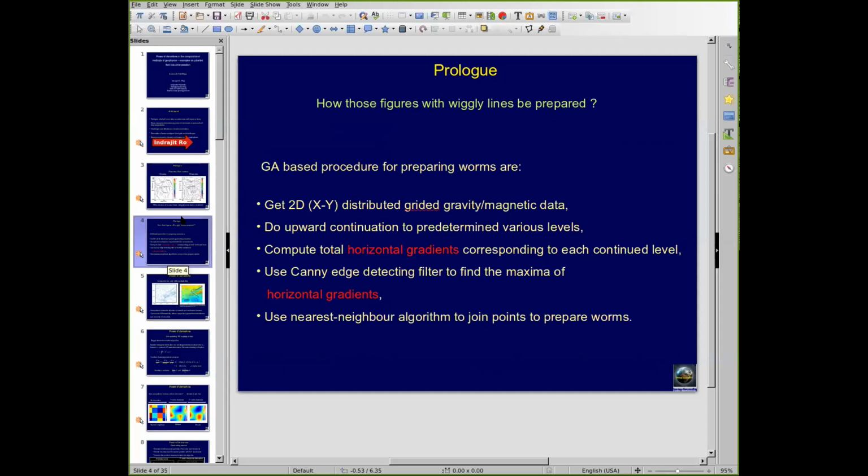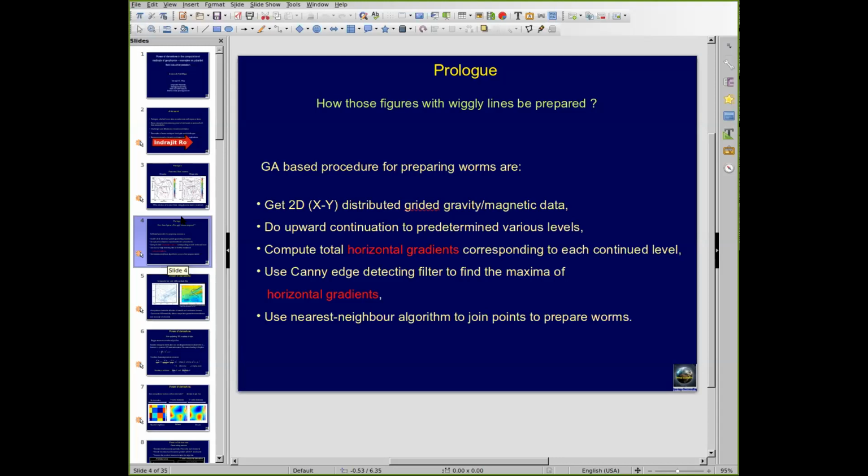So you have scattered data and then you distribute it in an evenly spaced grid, generate a map, then do upward continuation to various predetermined levels, compute total horizontal gradients corresponding to each continued level, then use a Canny edge detecting filter to find the maxima of the horizontal gradients. And those points of maximum are connected using nearest neighbor algorithms to join them and to prepare the worms.